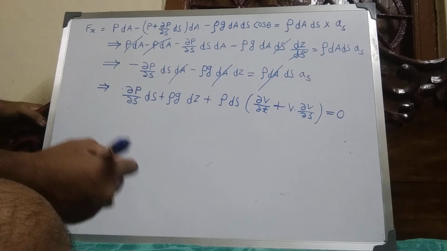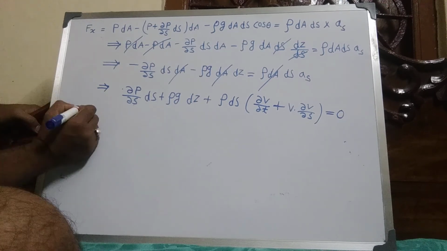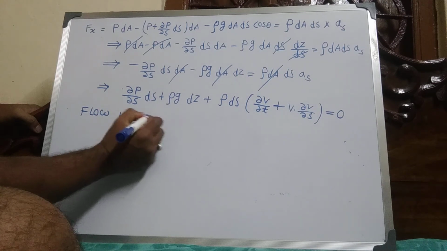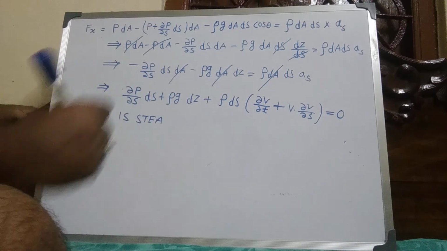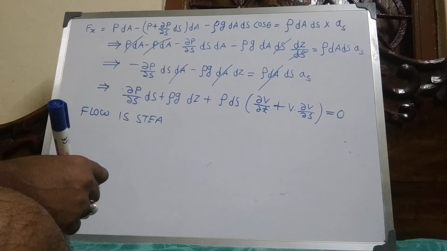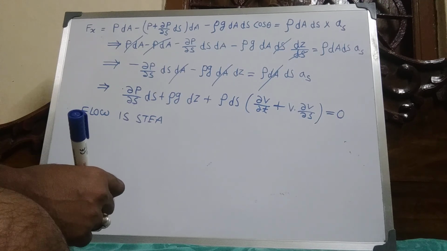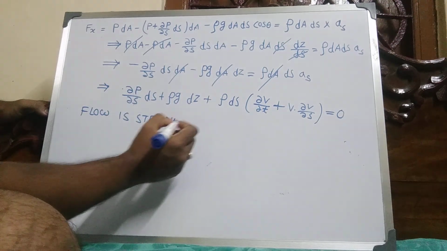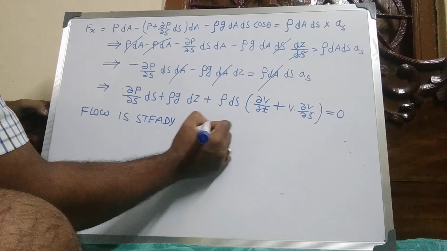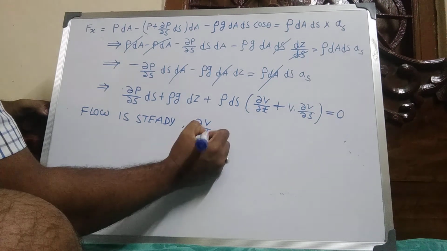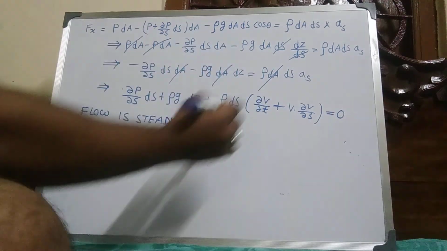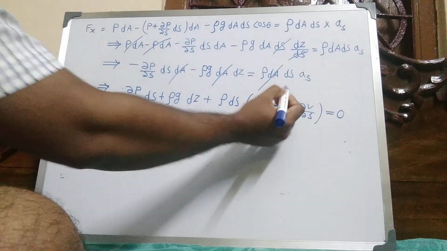Now here the flow is steady. Steady means velocity with respect to time is 0, so dv by dt is 0. So this one is 0.